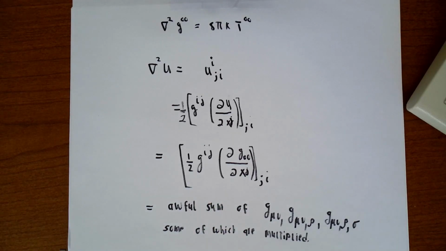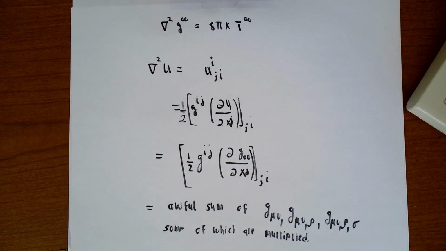So what you're going to get is some awful sum of quantities that involve components of the metric, partial derivative of those, second partial derivatives of those, and to make matters worse, a lot of these things are going to be multiplied together.